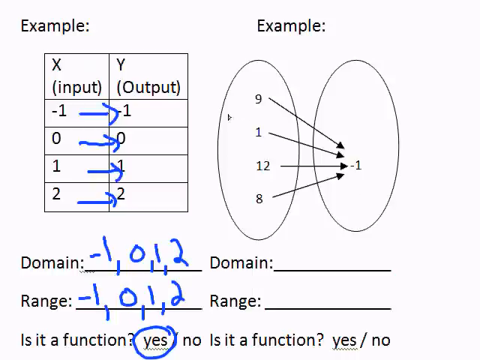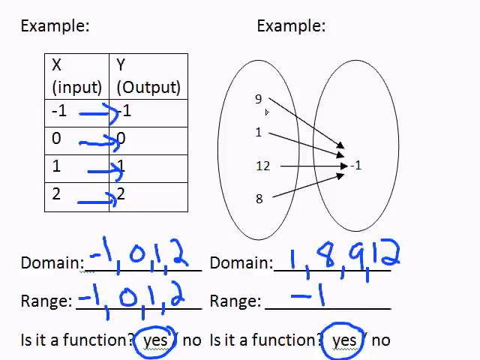Let's look at the right-hand side. Look at the mapping. Is it a function? Its domain is 1, 8, 9, and 12. The range, well, there's only one number. It's negative 1. Is it a function? Yes, it is. Why? Our inputs better go to just one number each. 9 goes to negative 1, 1 to negative 1, 12 to negative 1, and 8 to negative 1.